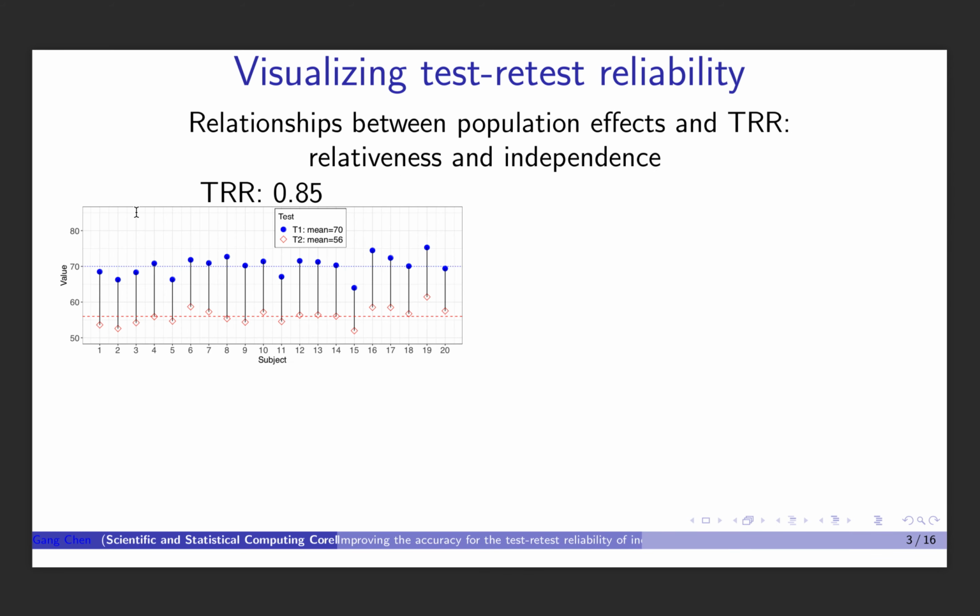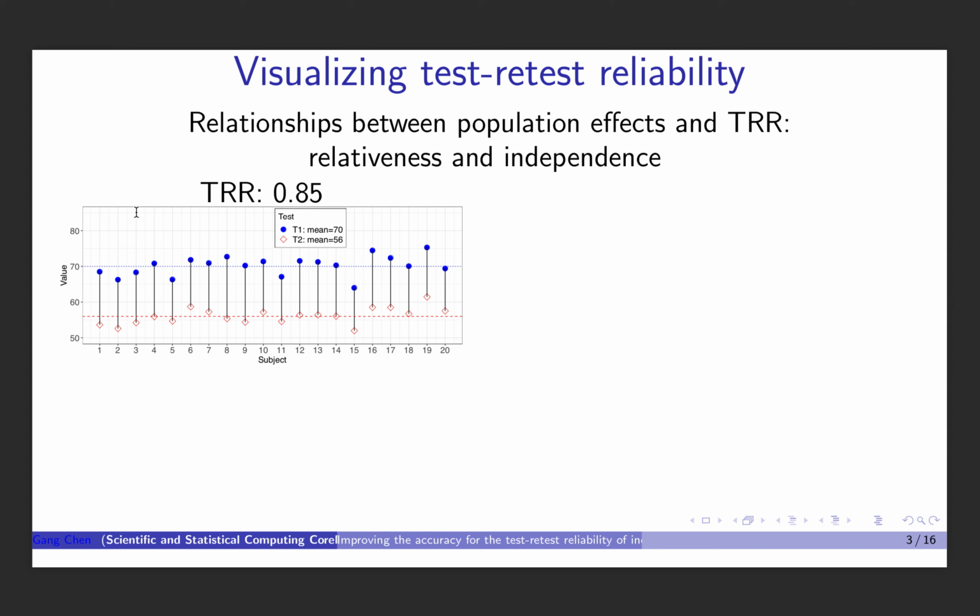Now we want to intuitively assess reliability based on some data. For example, in this case, we have 20 subjects. Suppose we have measurements from two different sessions, the blue ones and the red ones. During the first session, the blue ones, we have the population average, indicated by the dotted horizontal line.